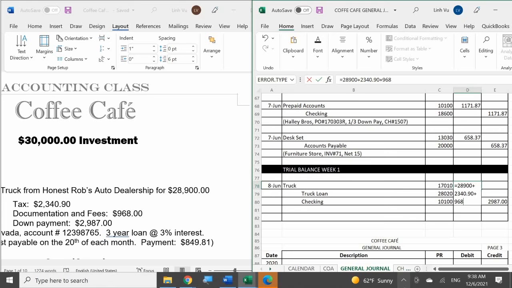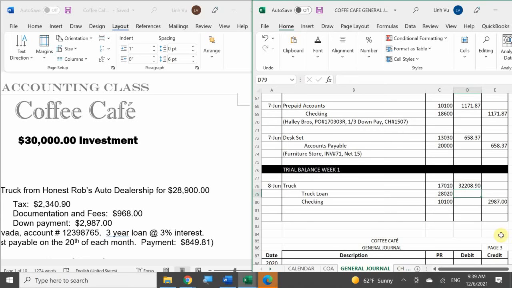So I total everything up and I got $32,208.90. Therefore, how do I figure how much my loan is for?